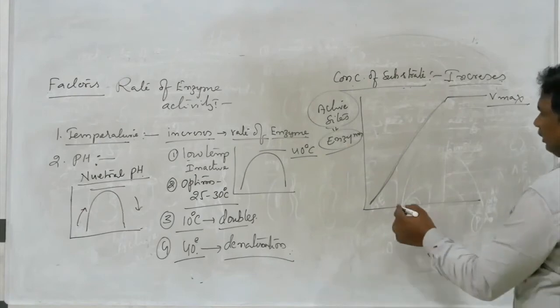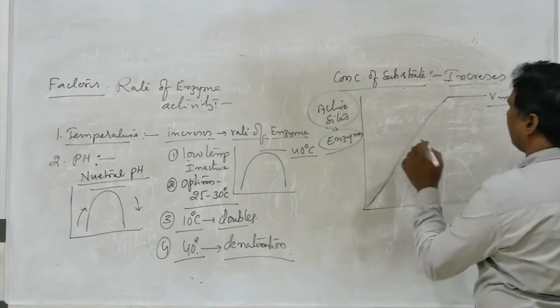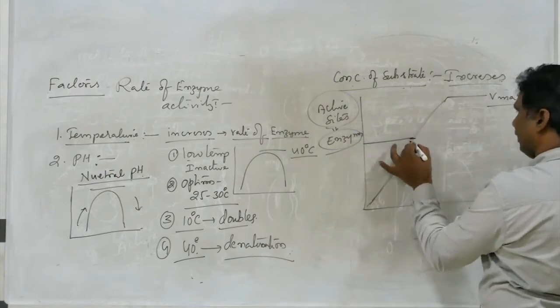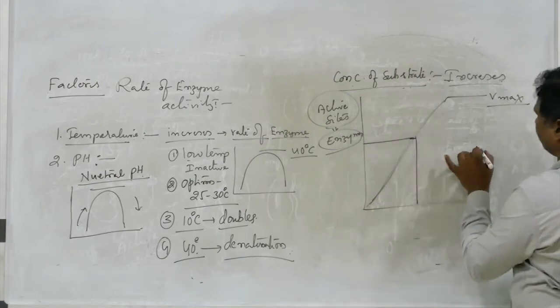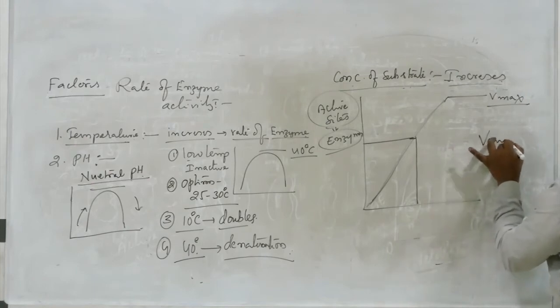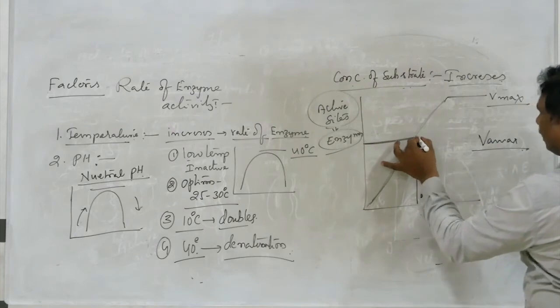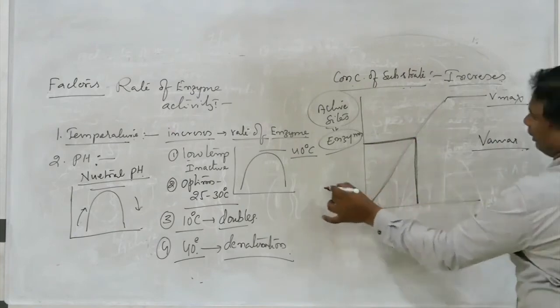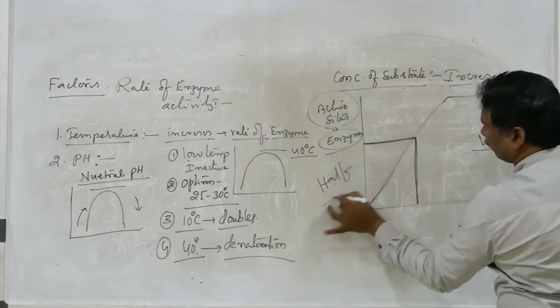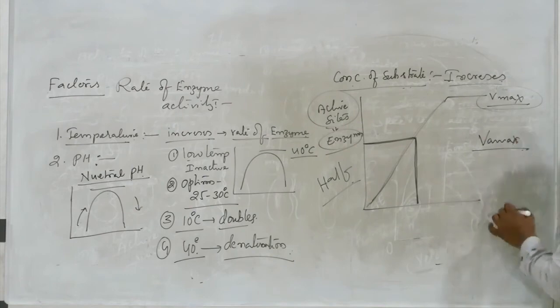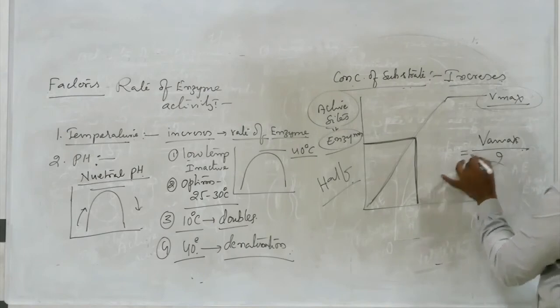When the enzymatic activity reaches half of the Vmax, half of the maximum velocity, that is called Km.